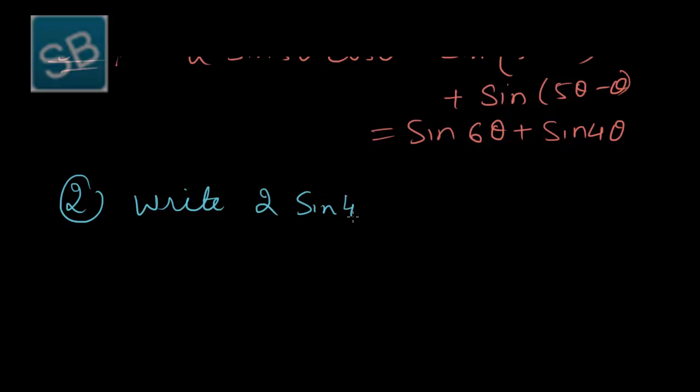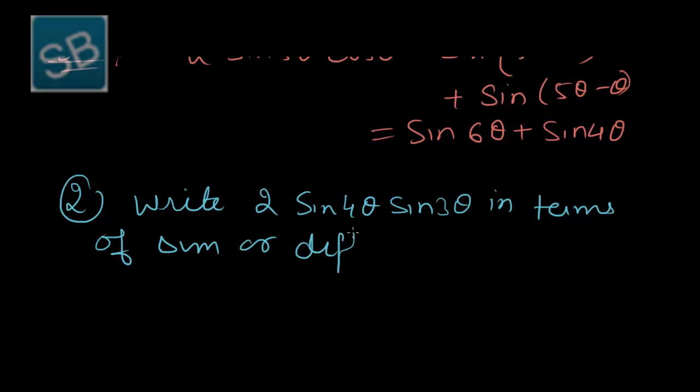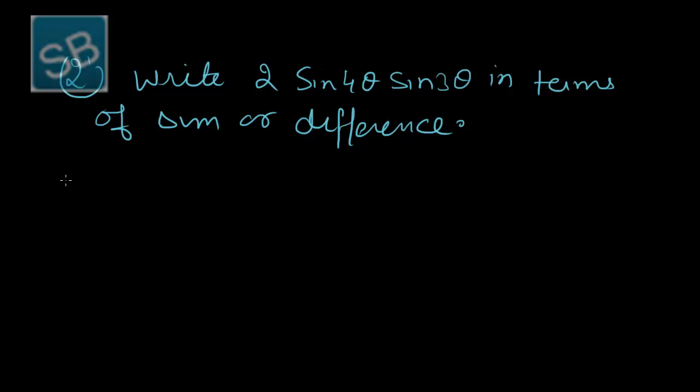So the second problem, which is based on this, is: write 2 sin 4 theta sin 3 theta in terms of sum or difference. So we have to write again the product expression in the form of sum and difference. We have 2 sin 4 theta sin 3 theta.